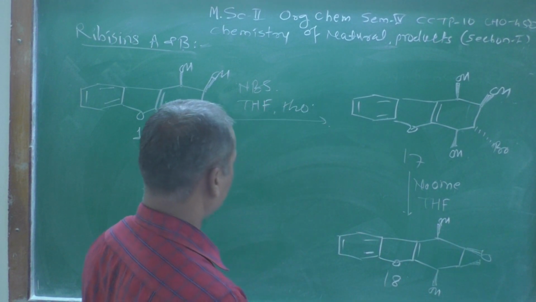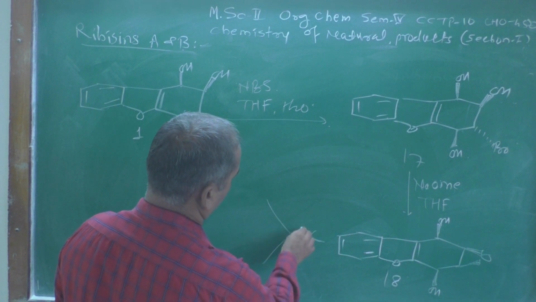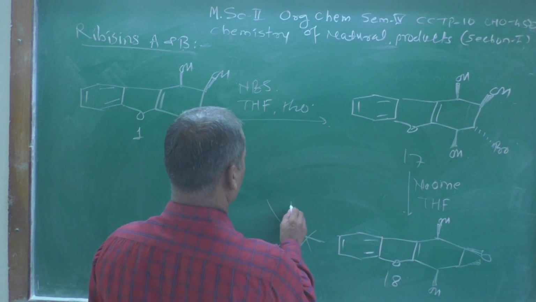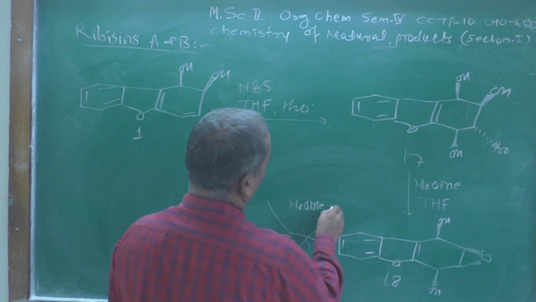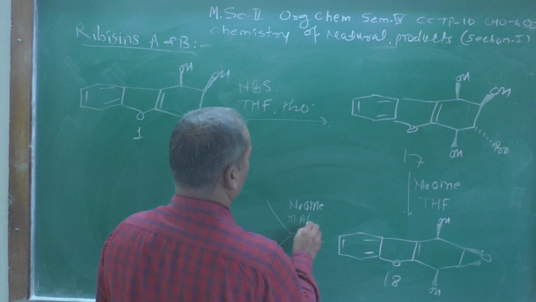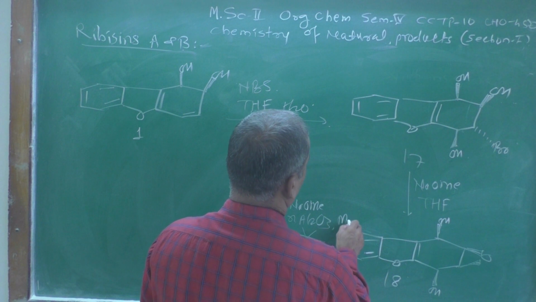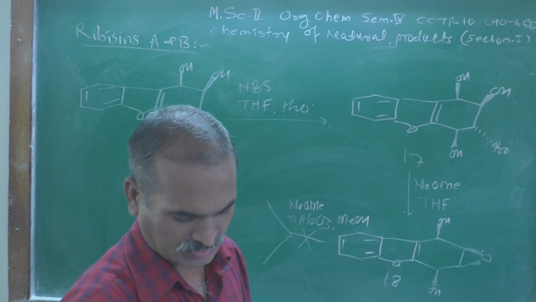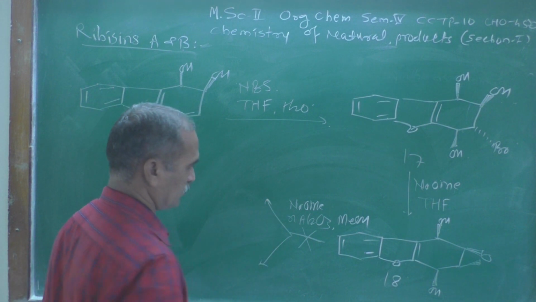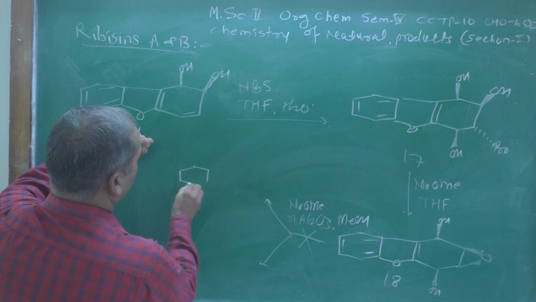After 18, this is further treated, but this reaction does not take place. Here NaOMe, sodium methoxide, or Al2O3, aluminum oxide, is used in the presence of methanol. What do you expect? Here, the expectation is that you could get this structure.